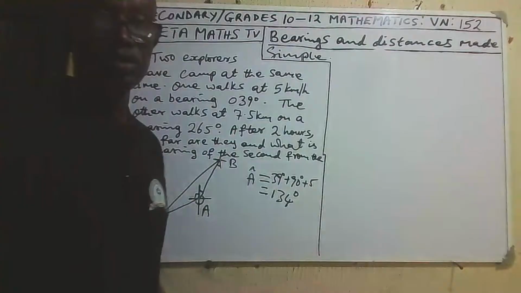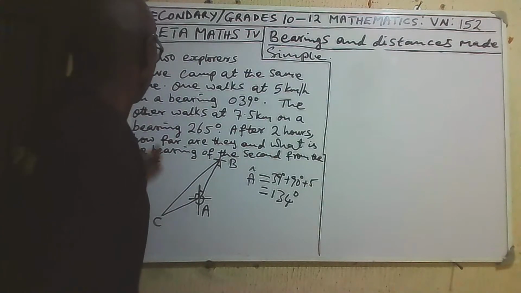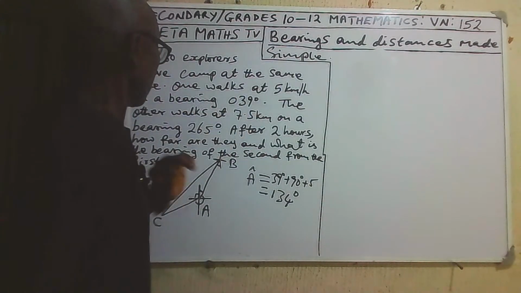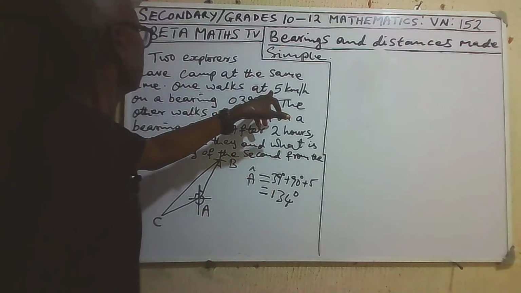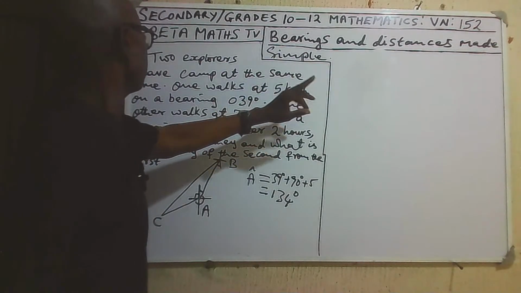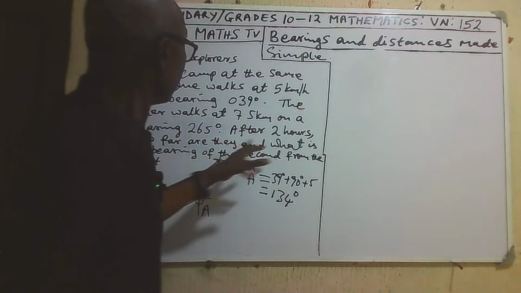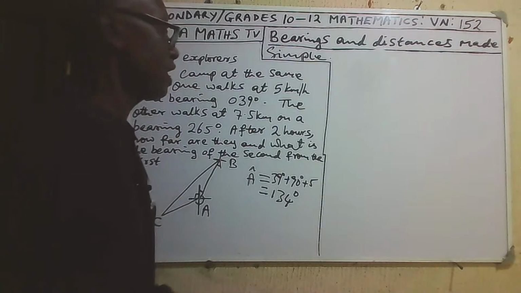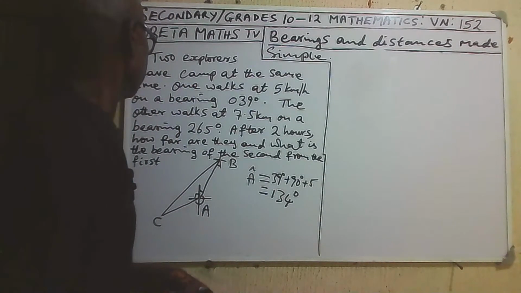Now, in order to continue, we were told that the first was walking at 5 kilometers per hour, and we were asked how far they are after 2 hours.